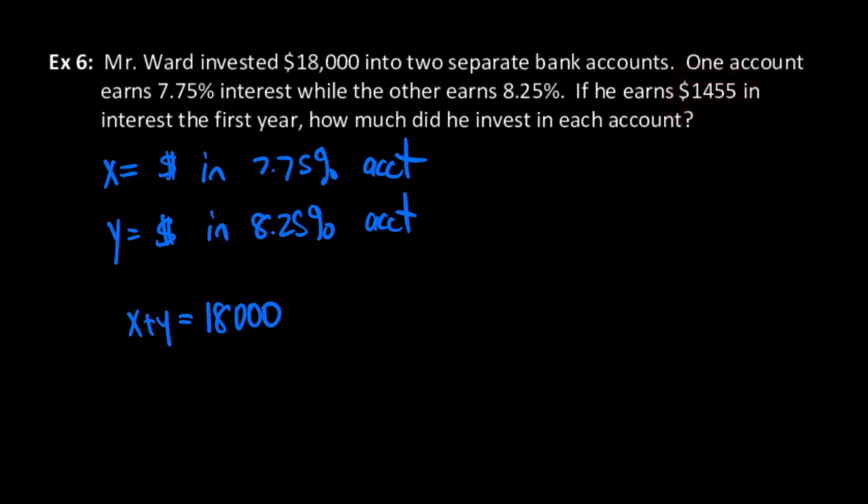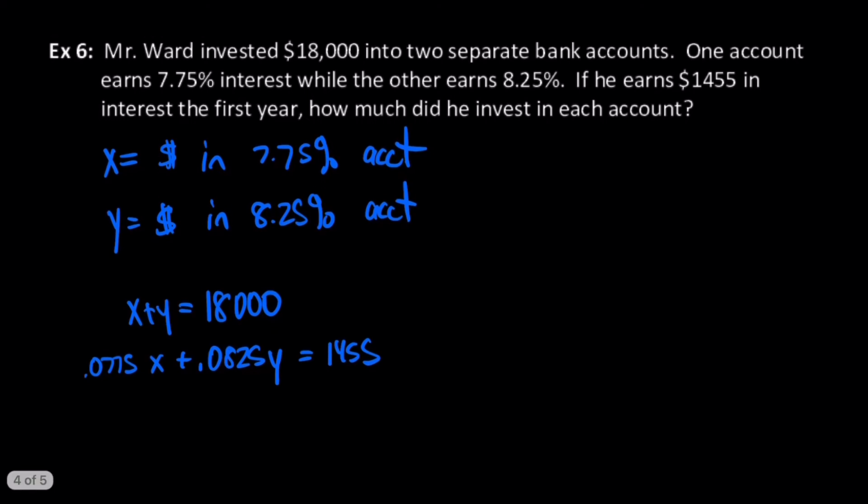All right, so my second equation will be 0.075x plus 0.0825y equals 1,455. All right, just saw I made a mistake here. Hang on. That is actually going to be 0.0775x.